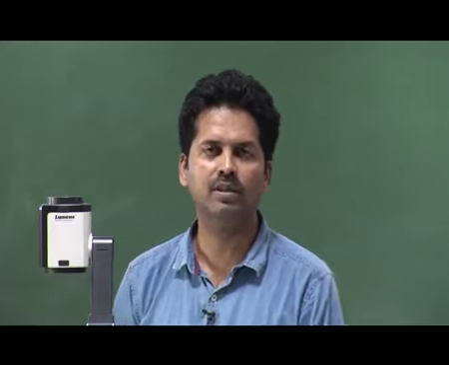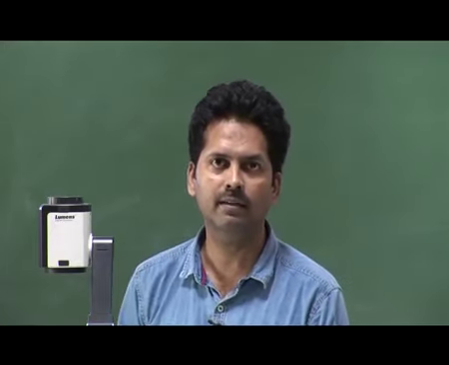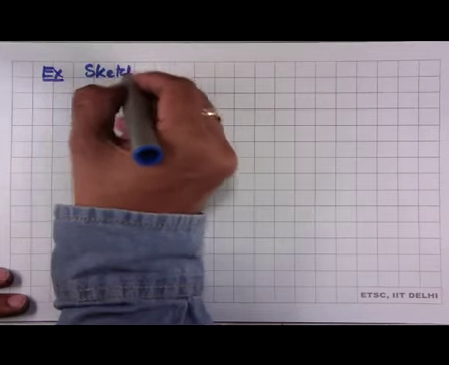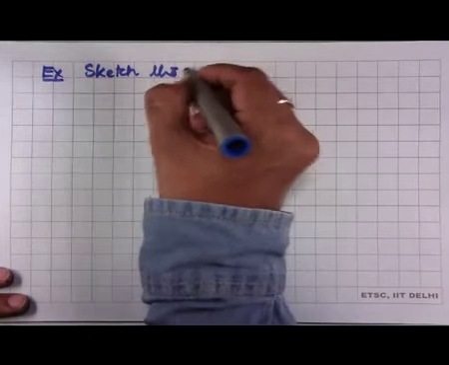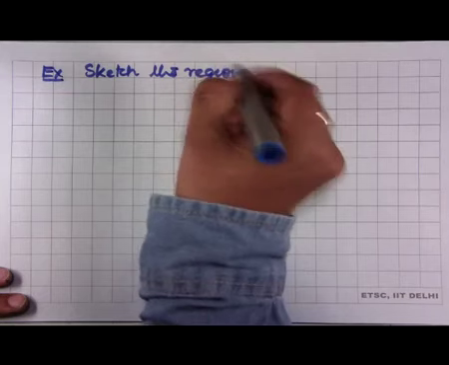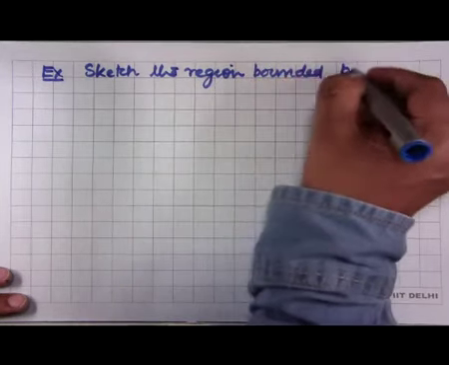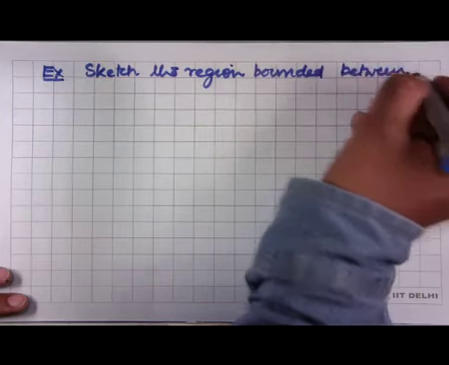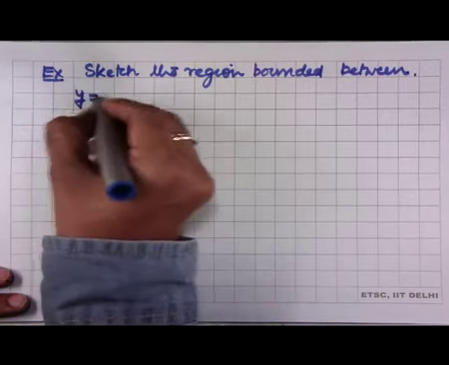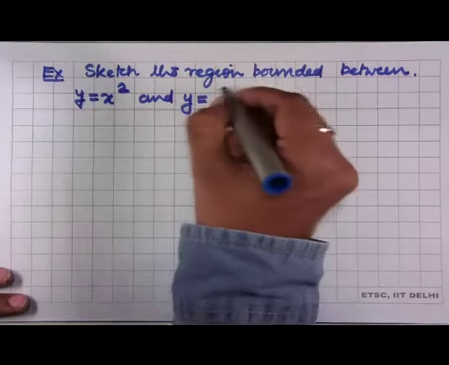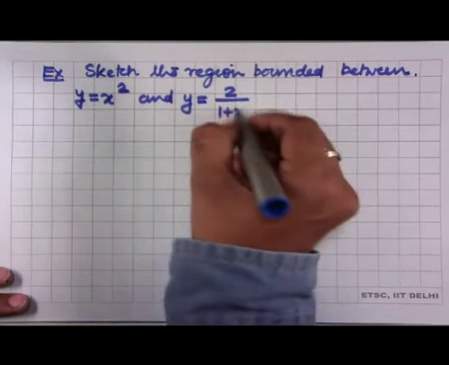Let us take one more example on area. Sketch the region bounded between y equals x square and y equals 2 by 1 plus x square.